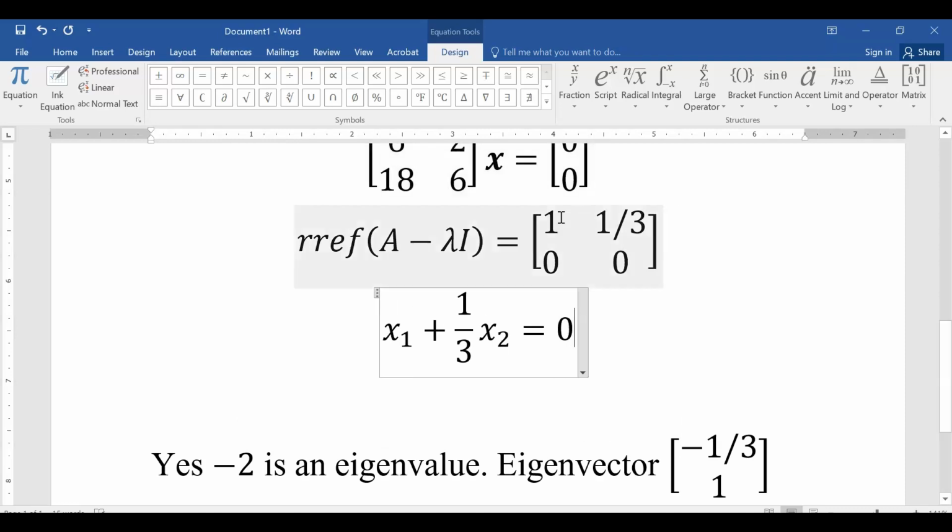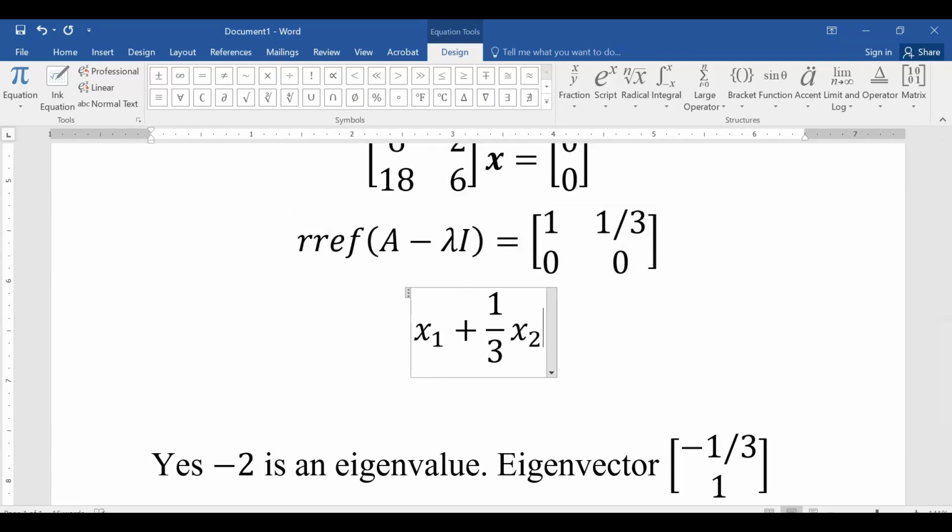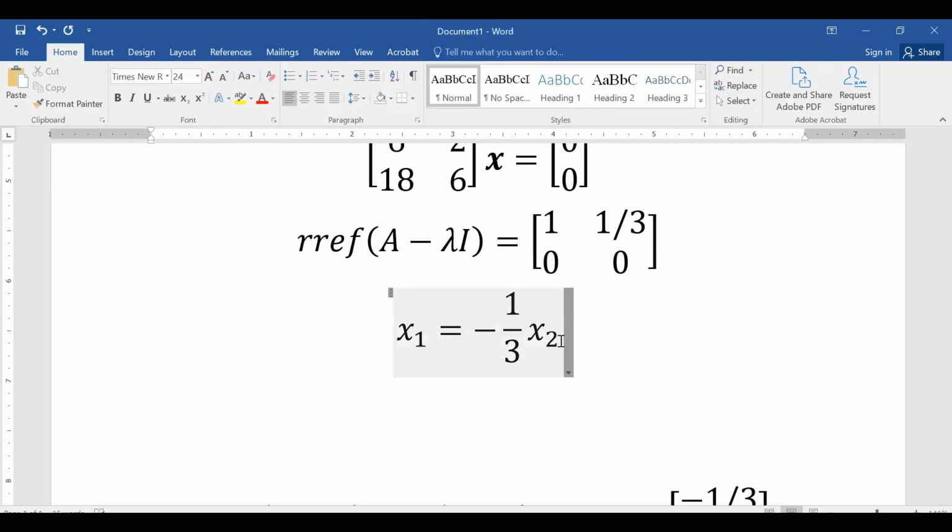So that first top line here tells me x1 plus 1/3 x2 has to be 0, which means x1 has to be negative 1/3 x2, and x2 is free. Again, I'm writing out the general solution.